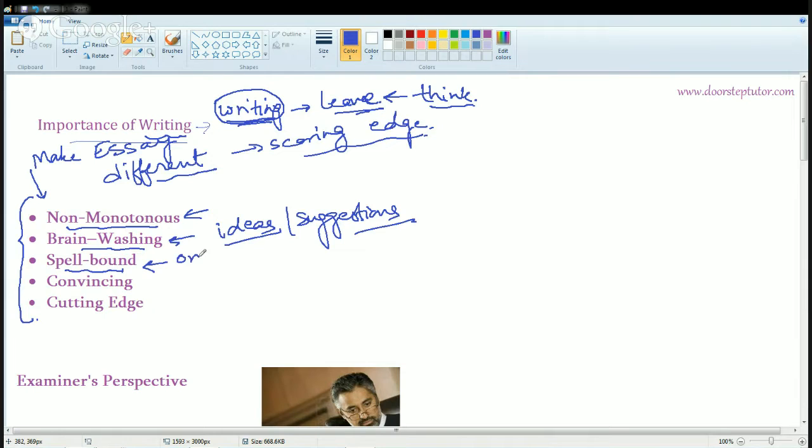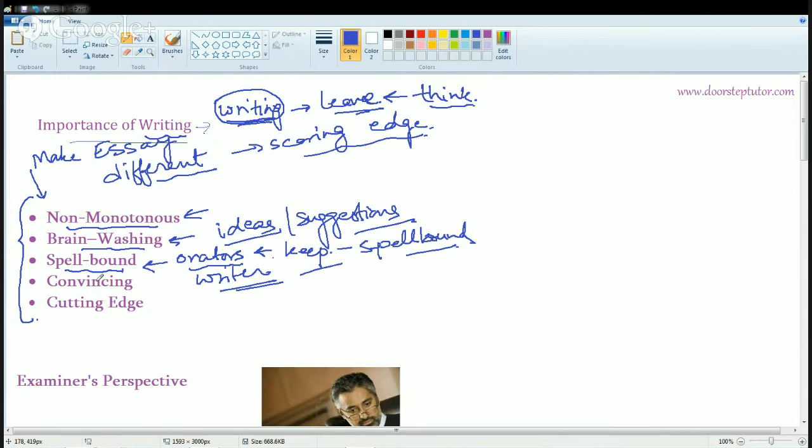You can see good orators, and the characteristics of good orators are they keep their audience spellbound. Similarly, a good writer should also be able to keep the audience spellbound. That means if there are ideas that you have put into a writing, everyone should feel, okay, this is the correct thing and we cannot argue besides this.